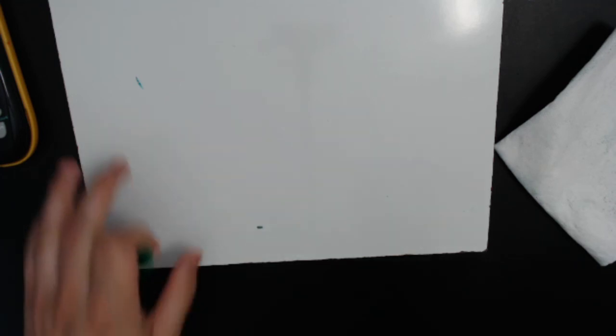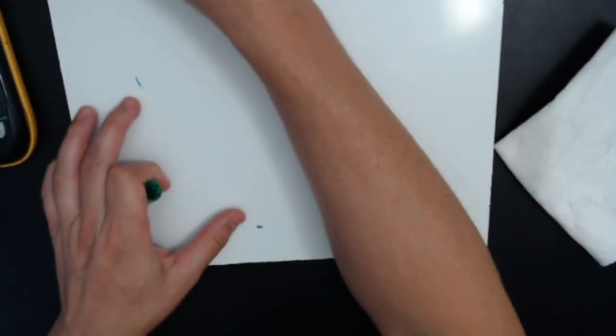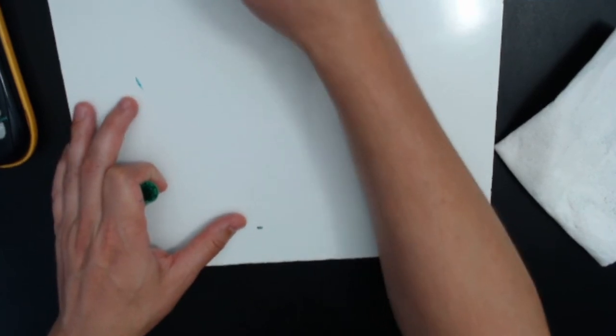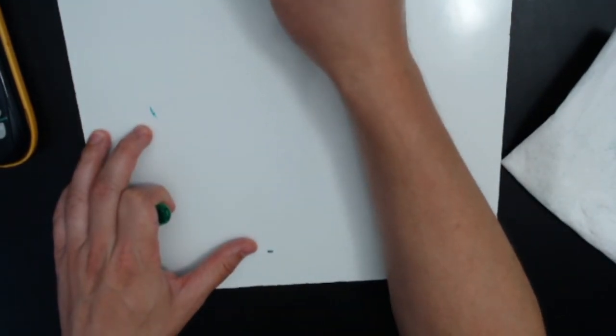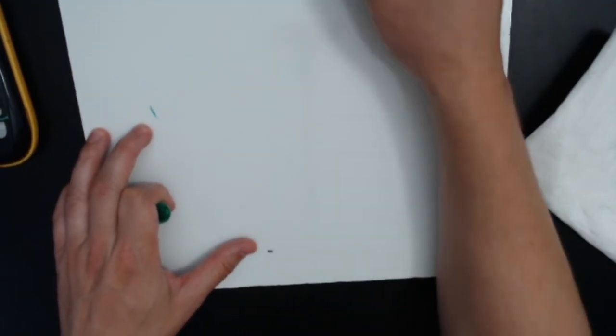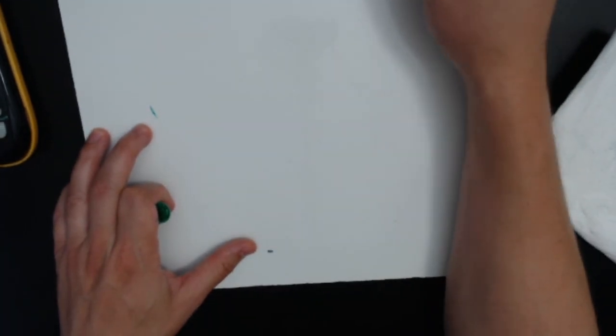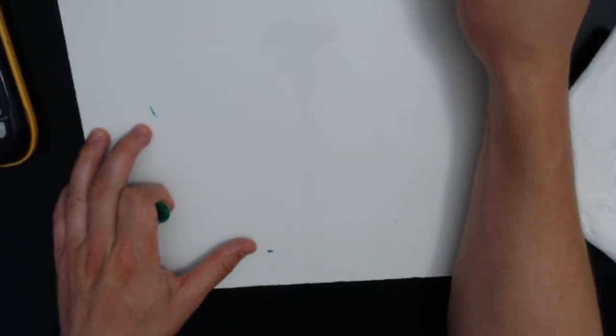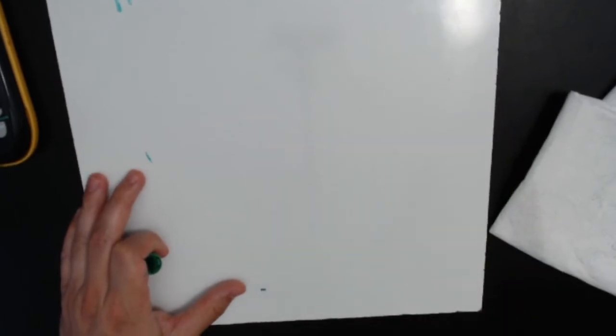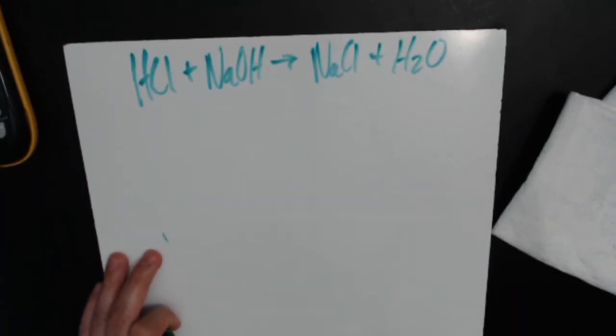So let's take this and plug it in. Let's write our reaction. HCl plus NaOH yields NaCl and water. We know this is a 1-to-1 ratio here. 1-to-1 ratio, real simple.